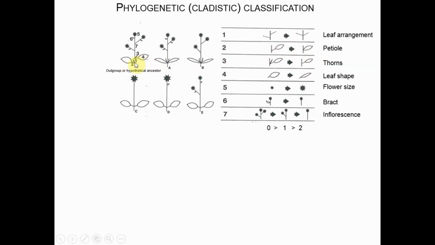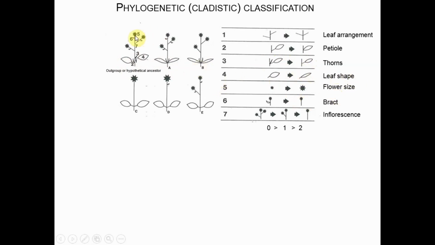Then we have thorns, number 3. So again, whether the thorn is present or whether it is absent, and we can see thorns are present in the outgroup, so 0 and 1. Leaf shape, we have broad leaves or narrow leaves. Broad leaves are in the outgroup, so that would be 0, and narrow leaves would be 1.